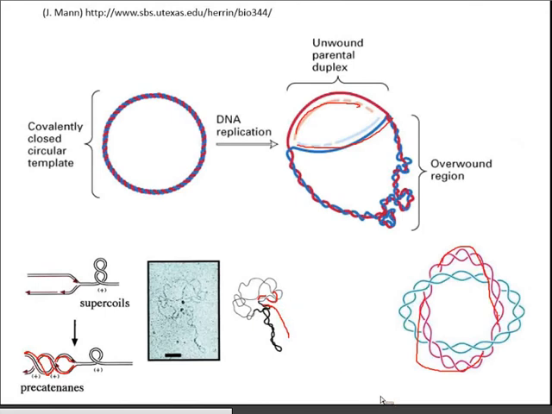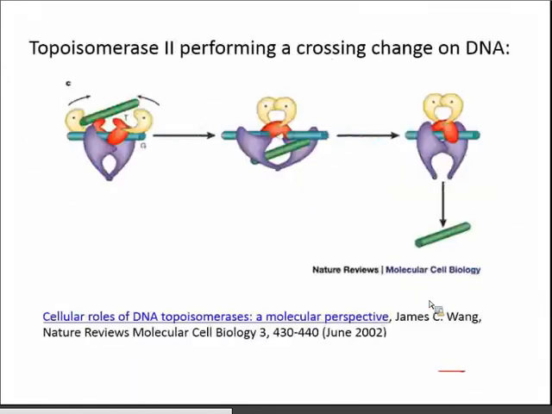And it is linked. And when it comes to the end, you will actually have two double-stranded DNAs that are linked together, and thus you need a protein that will fix it. And so we'll talk more about the topoisomerase II protein, that will break.